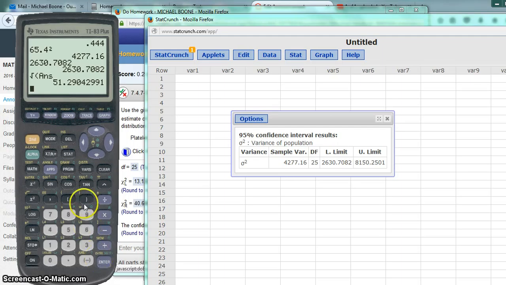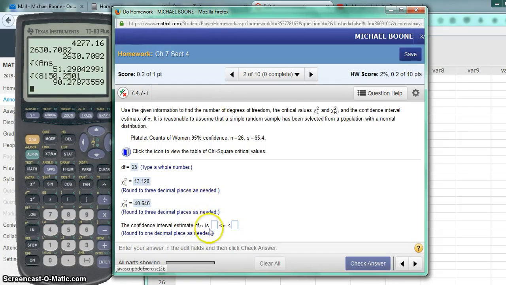Then I'm going to do the same thing for my upper limit, 8150.2501, and the square root is 90.2787. We did this because those are variances, but the homework question is asking for sigma, so just the population standard deviation.